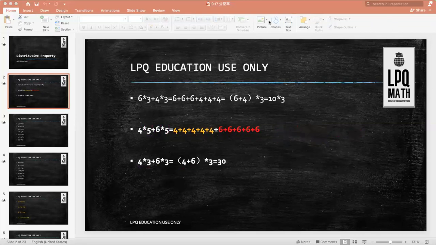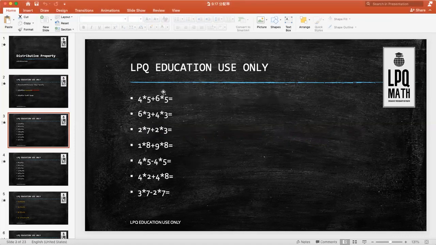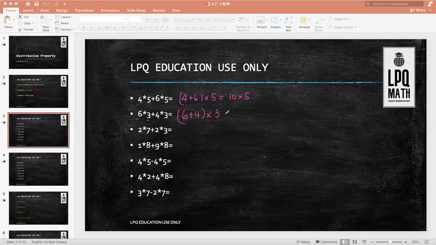If you understand the distributive property, 4 times 5 plus 6 times 5 is 4 plus 6 times 5, which equals 10 times 5. The next one: 6 times 3 plus 4 times 3 equals 6 plus 4 times 3, which equals 10 times 3.